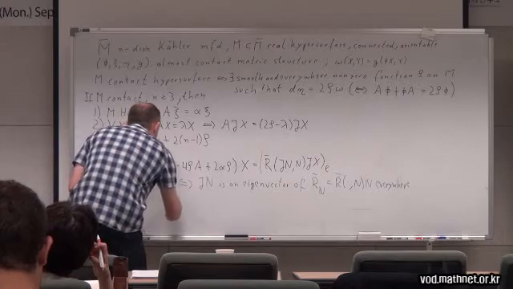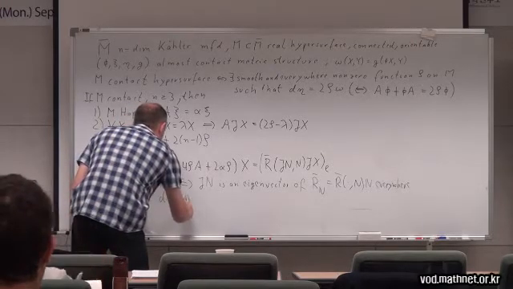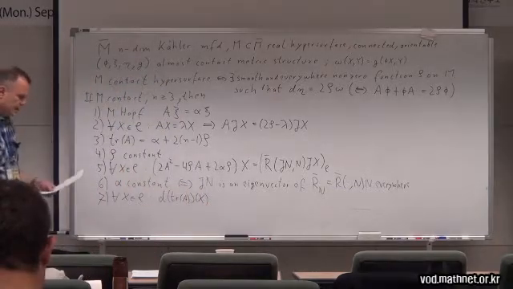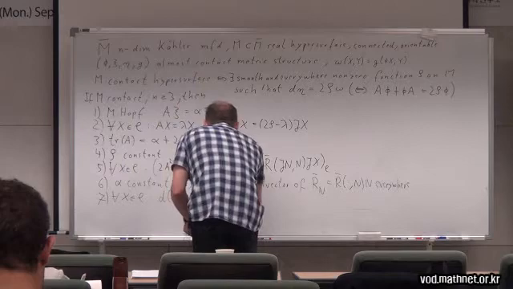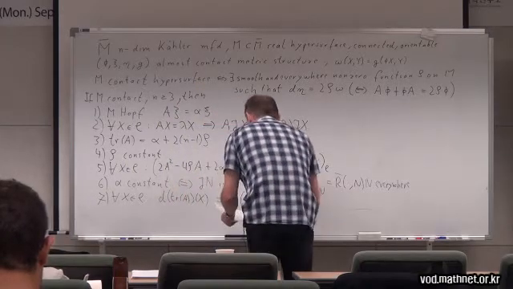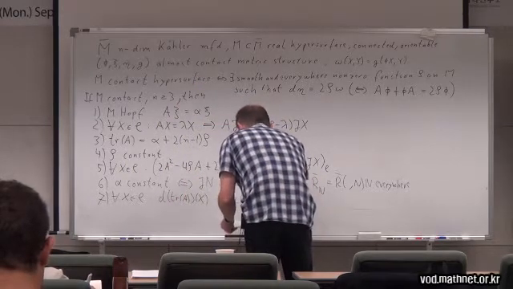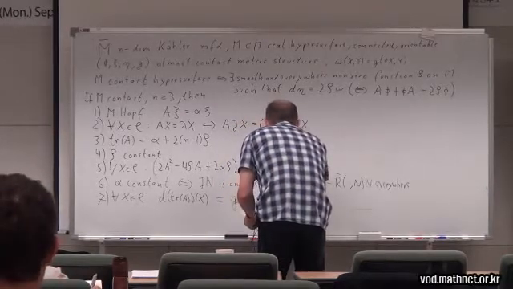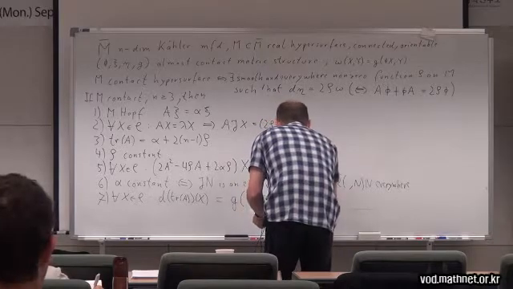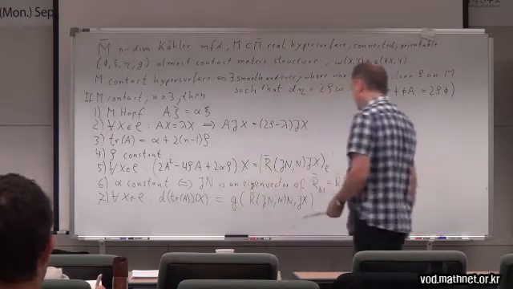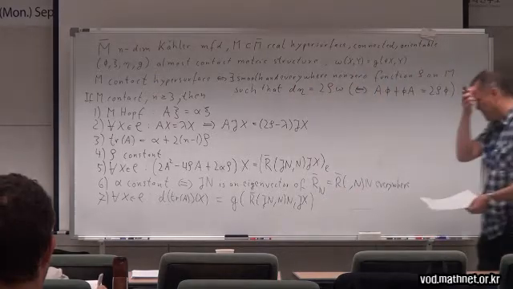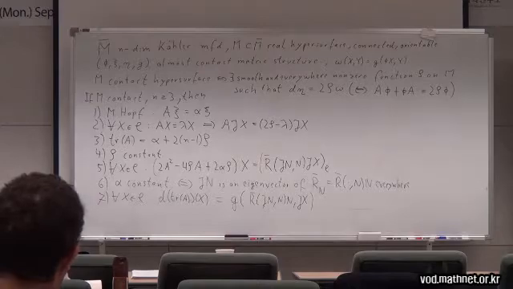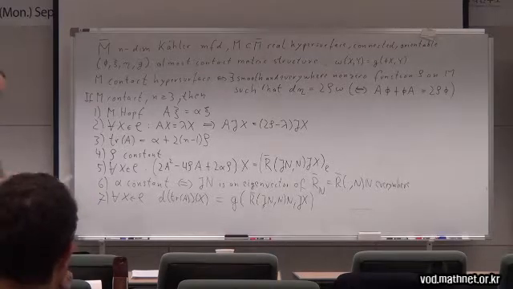The derivative of the mean curvature in the direction of a vector x in the contact distribution C is equal to the inner product between R bar of Jn, n, n and Jx. That's a simple expression for the derivative of the mean curvature in the direction of the contact distribution.